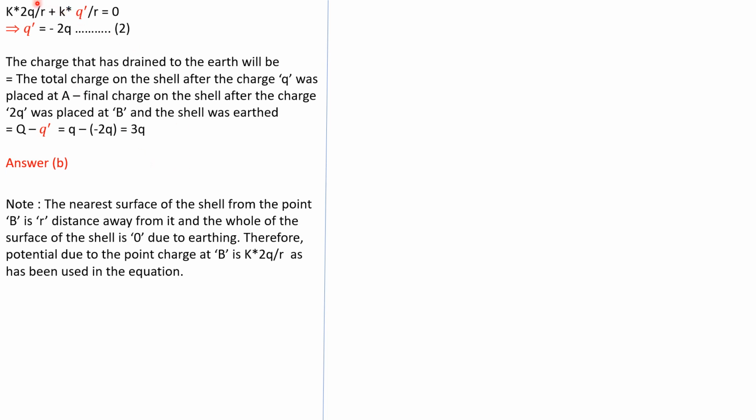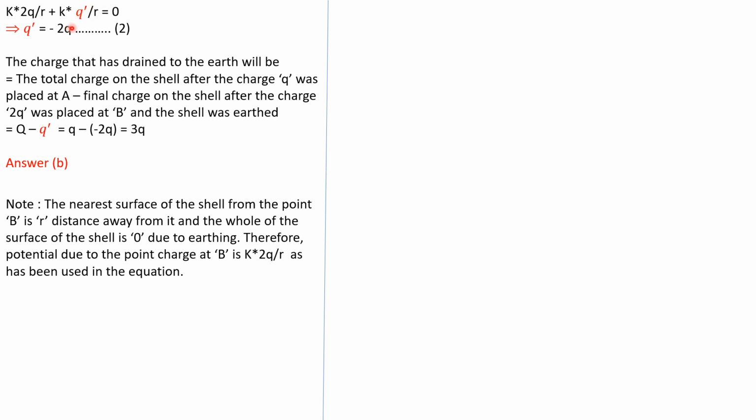So if we take the potential at the nearest point from the point B on the conducting surface, it will be represented as k into 2q divided by r, plus, now we know that total q prime charge is there on the shell after earthing.